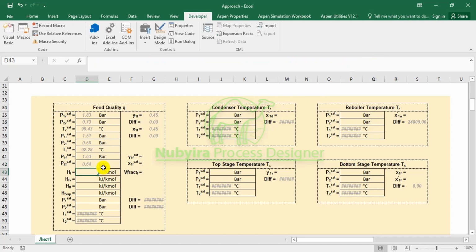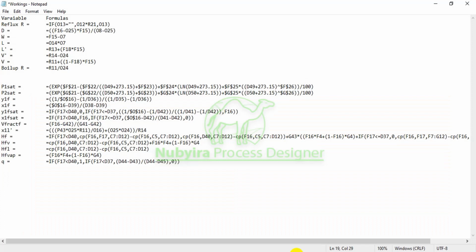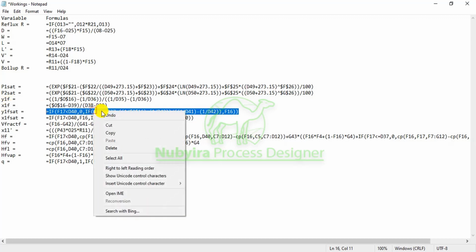Okay. Once I'm done with that, I'll calculate the dew point mole fraction and the bubbling point mole fraction. To do that, I'm going to use this formula over here. It is the same thing as these two, y, I, f, and w, but this contains an if statement.